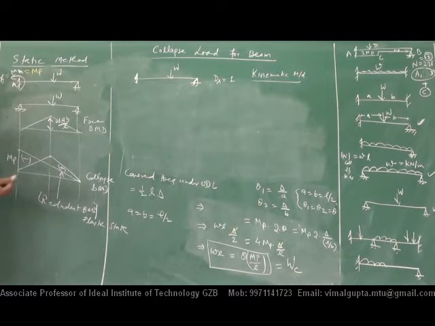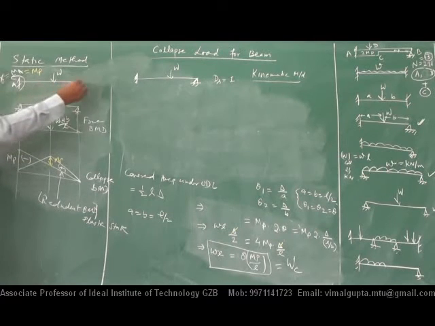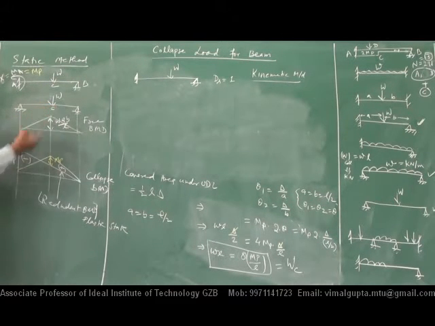Okay, and second condition, yielding. What can be the bending moment here? Maximum bending moment here? Clear. And now where should I apply the equilibrium condition? At point C. What will be that?